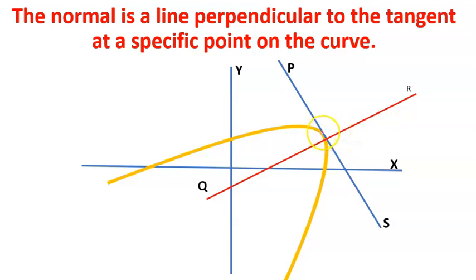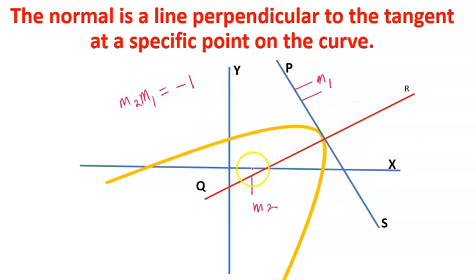Now, the unique thing is that because they are both perpendicular lines, like we stated in our last lesson, let's call the slope of line PS M1, and let's call the slope of line QR M2. The slope of both lines, M2 multiplied by M1, will equal minus 1. We can use this basis to define the equation for this line QR.